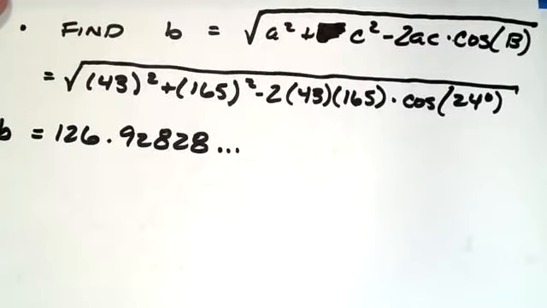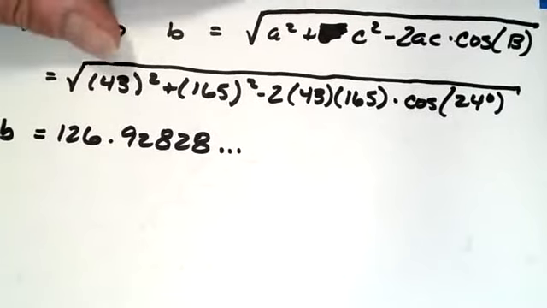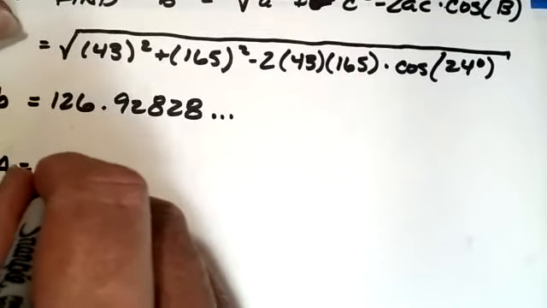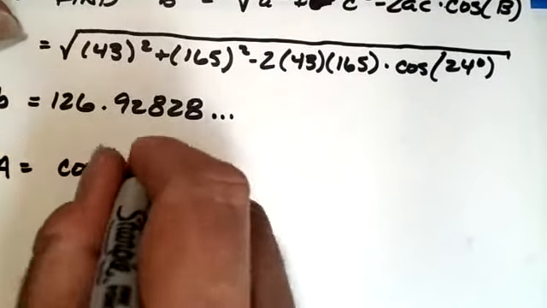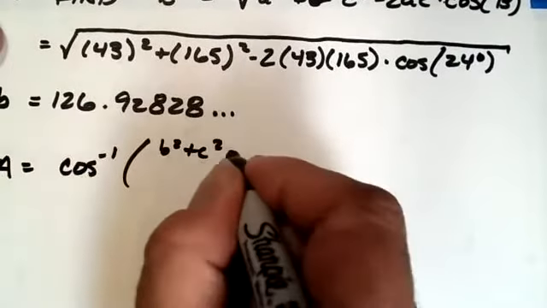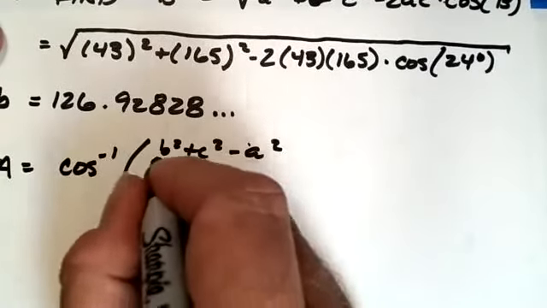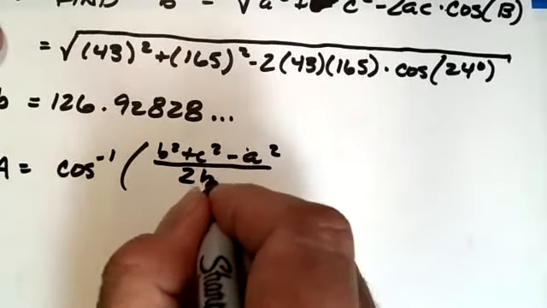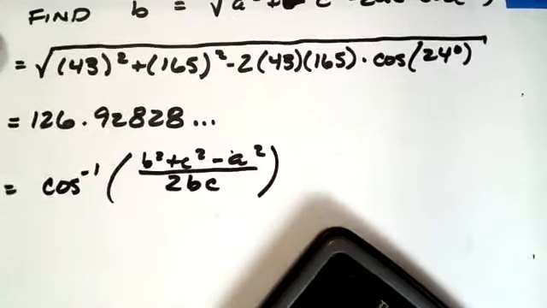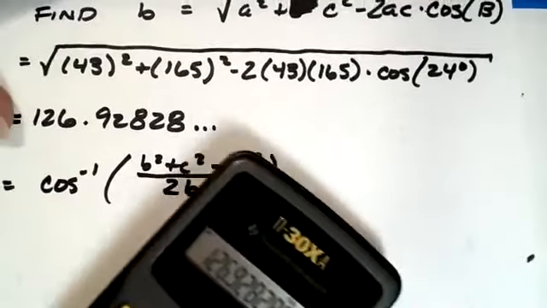So the next thing in the progression would be to find angle A. Recall that angle A is equal to the inverse cosine of b squared plus c squared minus a squared, all over 2 times b times c. I'm going to start by working in the denominator.